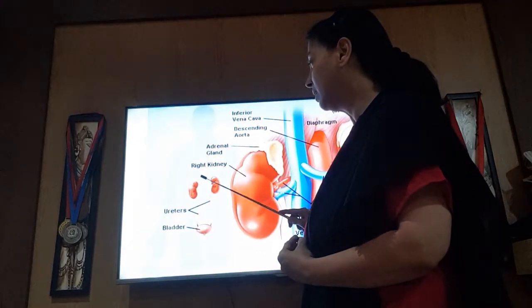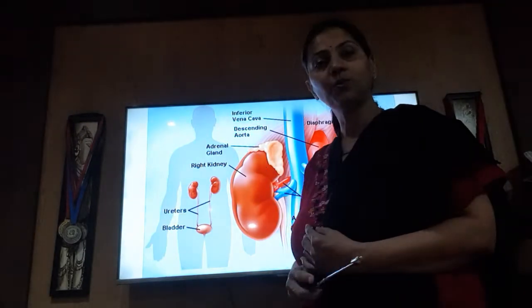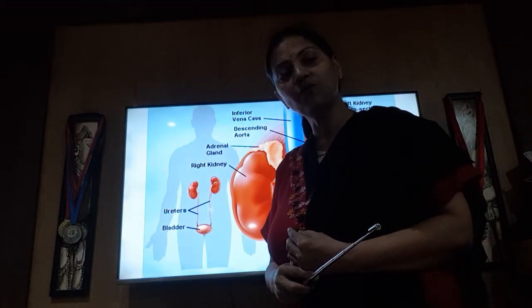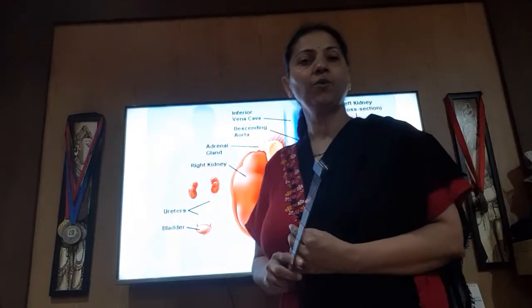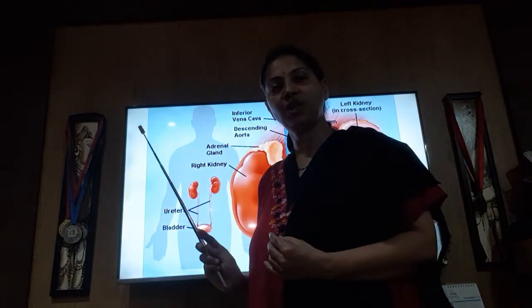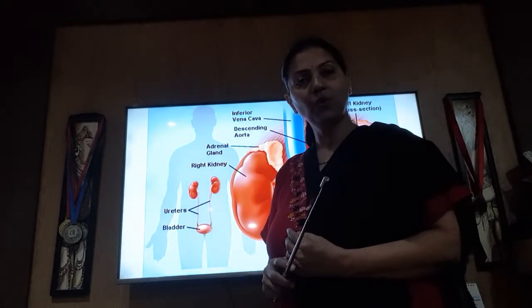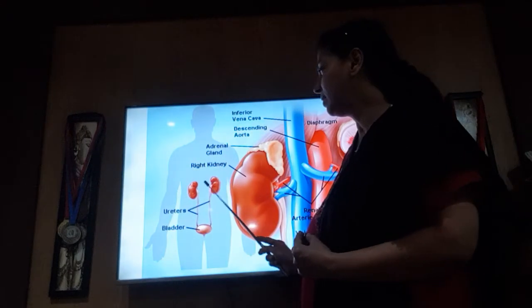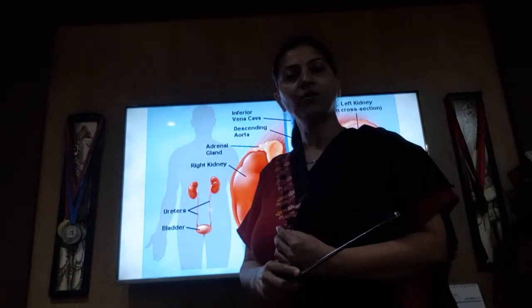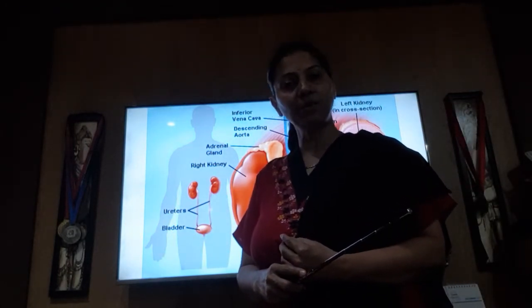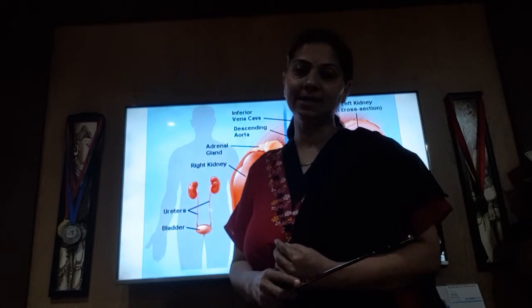All these are also related to the posterior surface of both kidneys. They are quite similar. Now, you know about the shape of the kidney. You know about the characteristics, the shape, the poles, the borders, surfaces. Now you know about the relations, the dimensions, the axis.